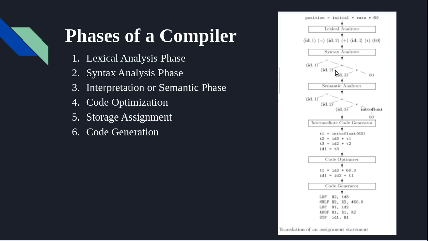When we talk about a parse tree, each parent node represents the operator, and the child nodes represent the operands of that operator. So this is the corresponding parse tree for this statement.